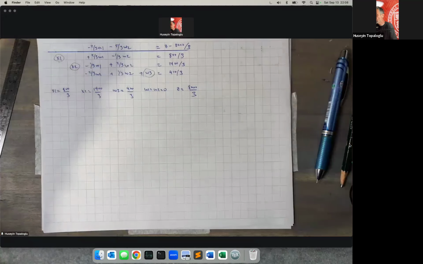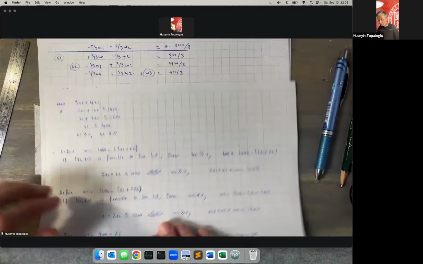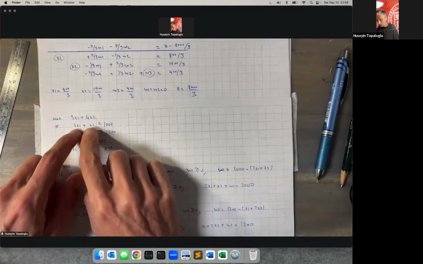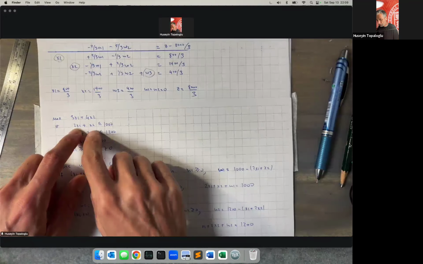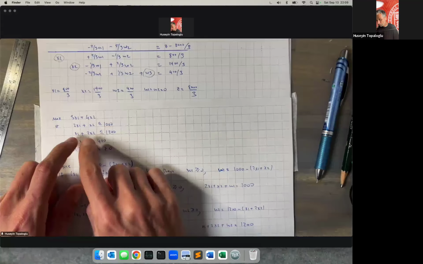Is this solution feasible to the linear program that we would like to solve? 2x1 plus x2, 800 divided by 3 times 2, that's 1600 divided by 3, plus another 1400, that's 3000 divided by 3, that's 1000, which is less than or equal to 1000. Good.